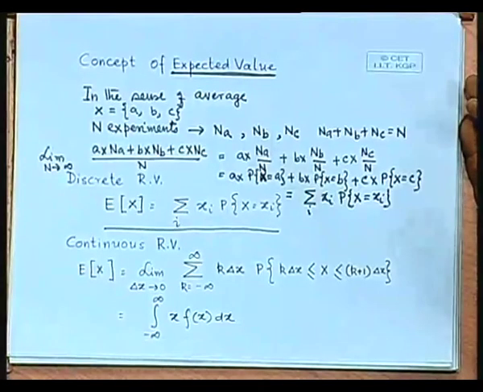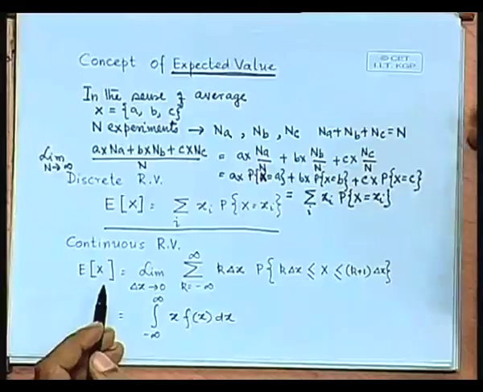Now, what happens when we have a continuous random variable? Obviously, in a continuous random variable, the number of values that x can take, namely the xi's, is infinite. So the index set is actually infinite. So we have to perform this summation over very small intervals, and then this summation will finally become an integral.